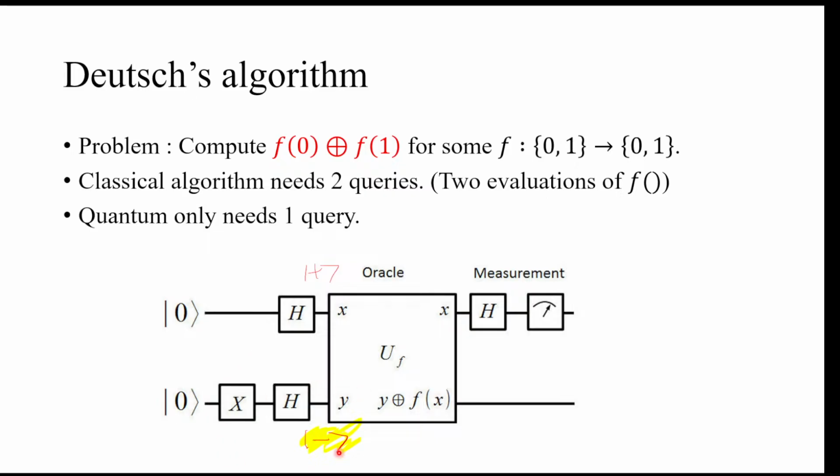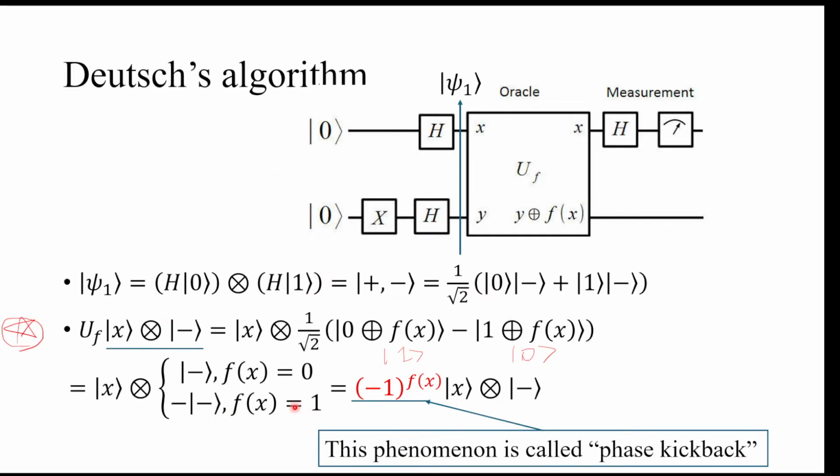So we put a minus on the output register. Then we see that on the input register, the value of this function becomes something on the phase. So we have minus 1 to the f of x times the input state.